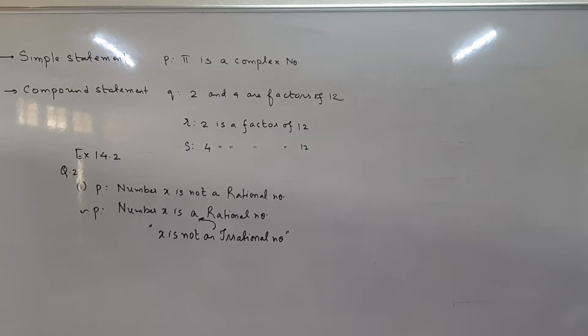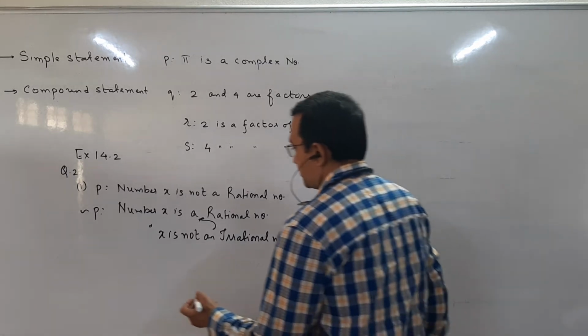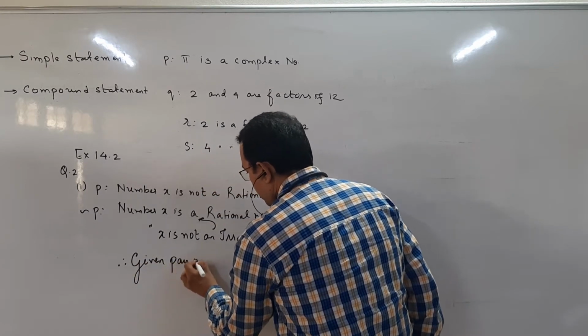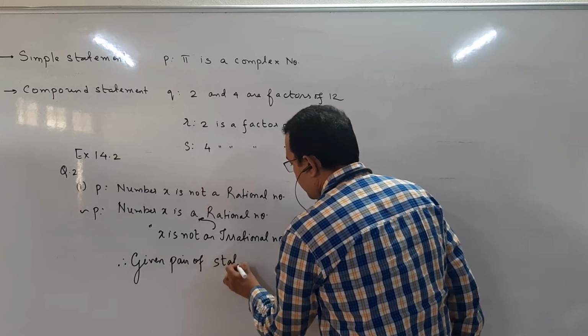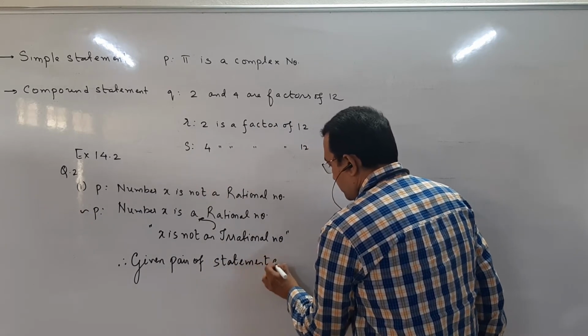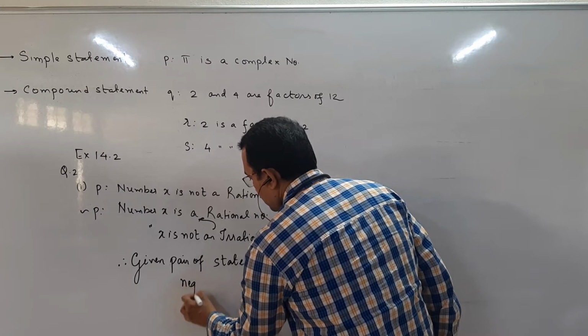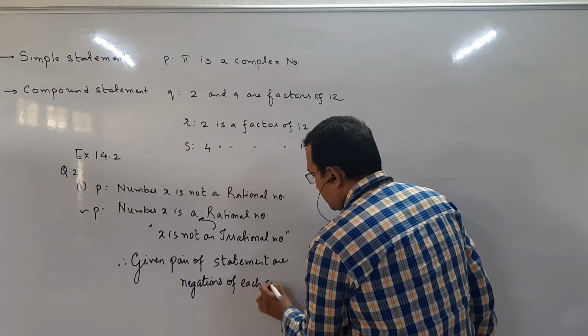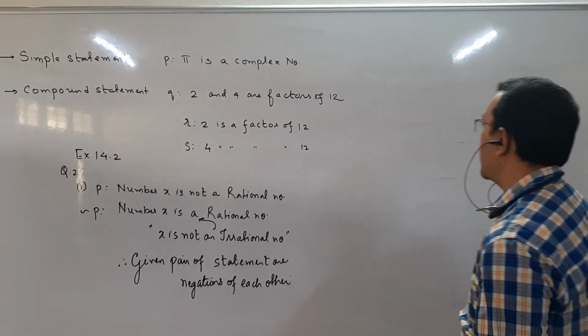Technically, the negation of the given statement P is that number x is a rational number, but I can write the same statement as number x is not an irrational number, meaning it is a rational number. Therefore, the given pair of statements are negations of each other. This one, students, we have to check.